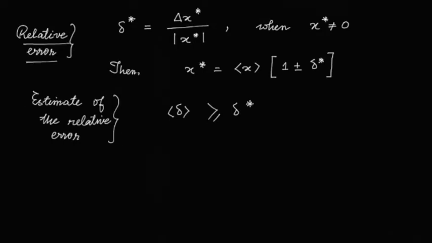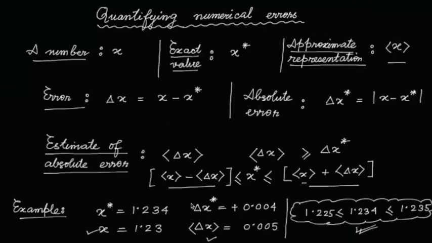So if I give an example, let's take the same example that we took last time on the last page, that I have x star as 1.234 and delta x star as 0.004.